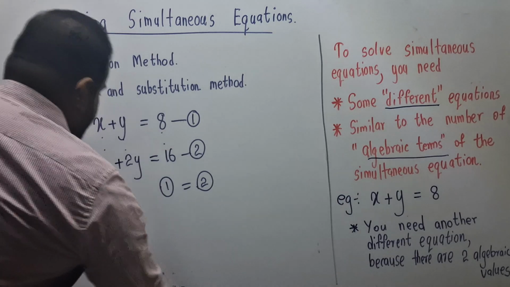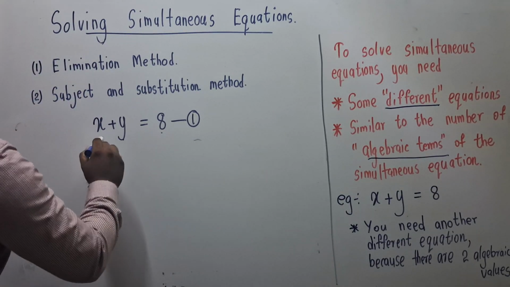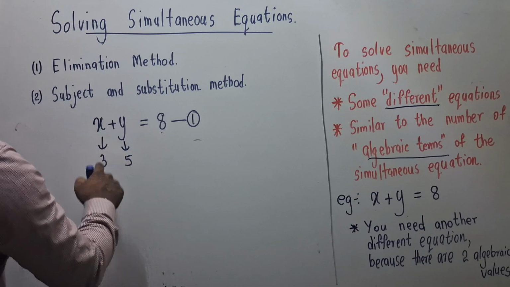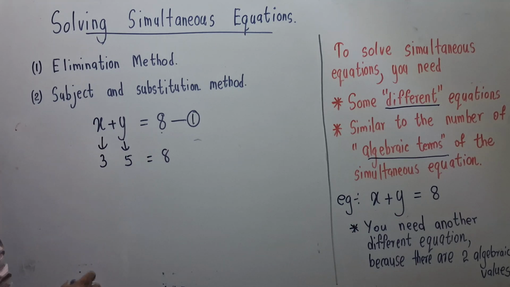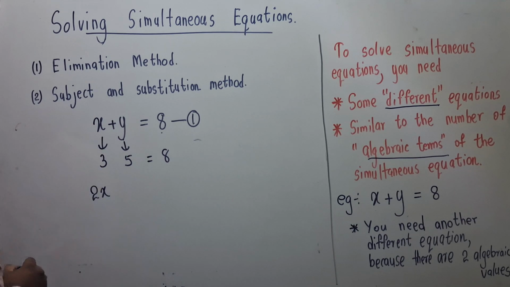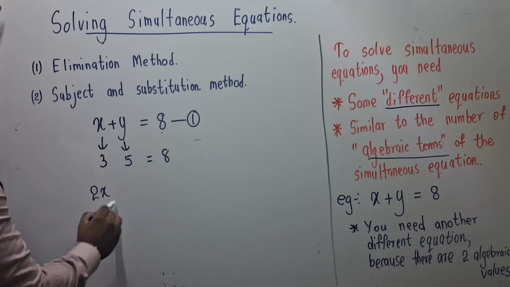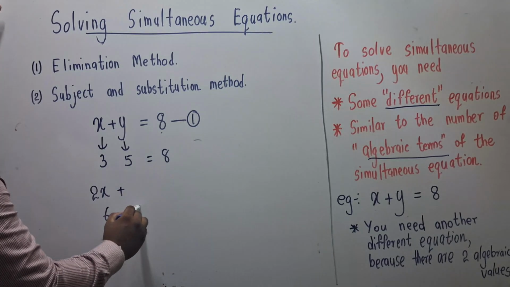For example, think I have thought of x as 3 and y as 5. So 3 plus 5 is 8. Now I think about 2x. If x is 3, what's the value of 2x? 2 times 3, 6. And y is 5.